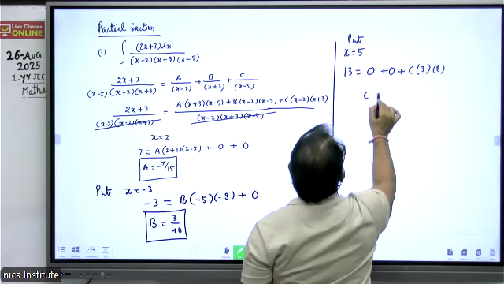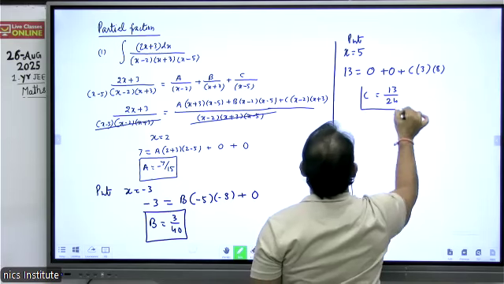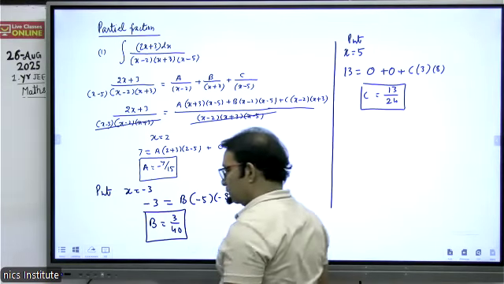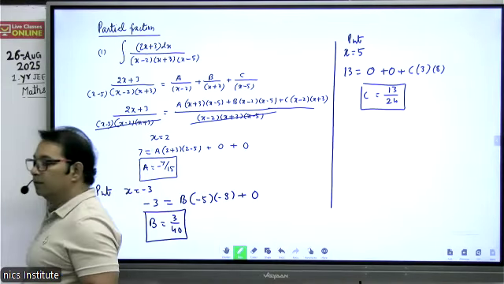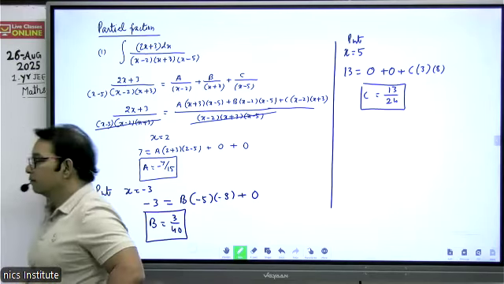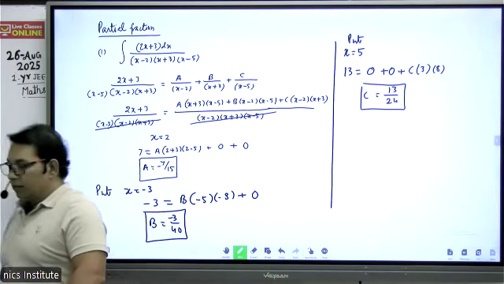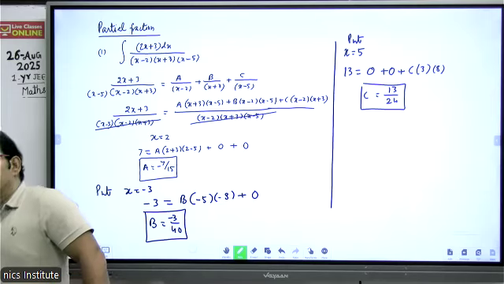So C is coming out to be 13 by 24. So you got all three. तो b -3/40 नहीं होगा? Hmm. -3/40. So now we have ABC.